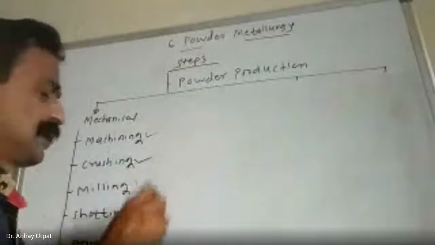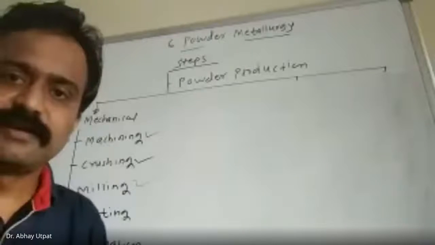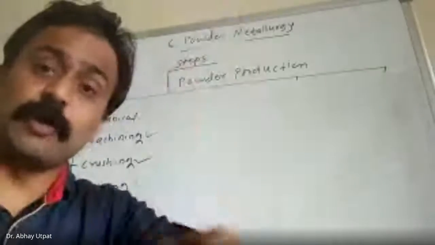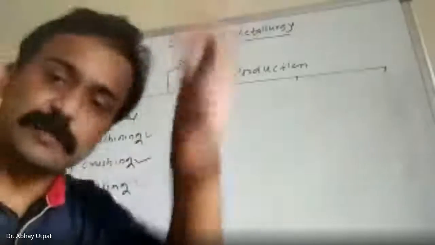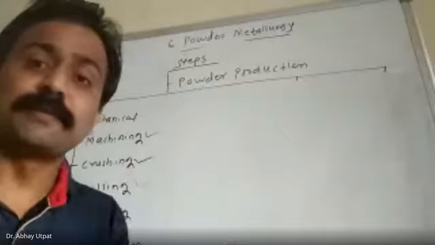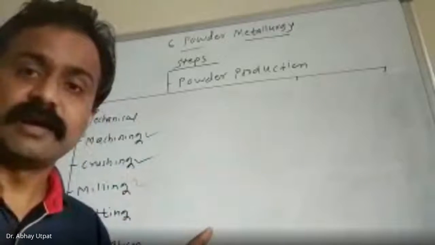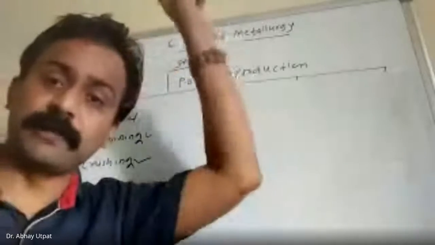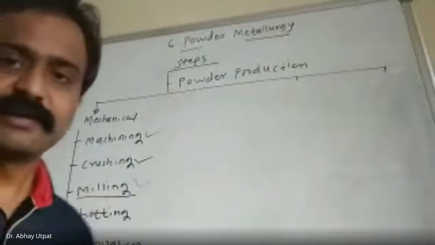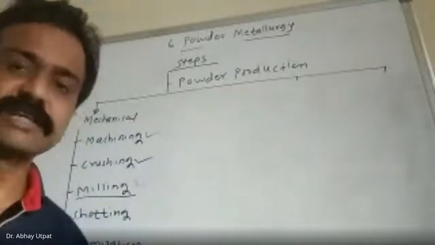Milling. Now this milling is different from the milling operation in machining. What is this milling? Milling means mill, which in Marathi we call girni. Ball mill, then roller mill. It is that mill. Different mills are there in the form of a big drum, and in that drum crushing is carried out.